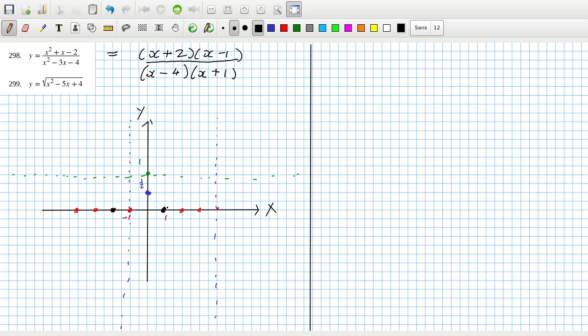Okay. So there's a root here, asymptote here. So it's gonna be like this shape. Okay, crosses here and here.